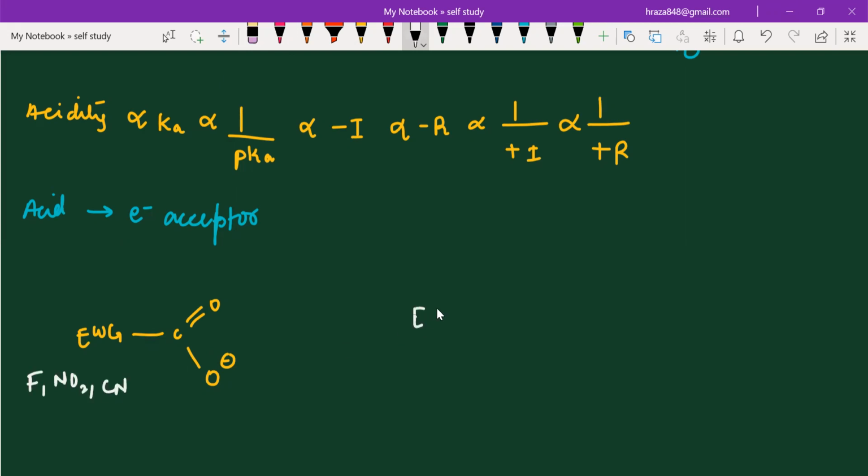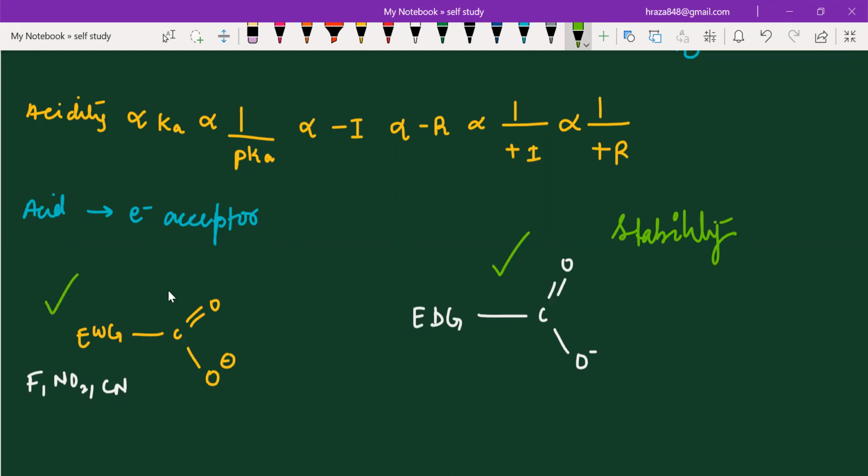And if you have an electron donating group connected to this carboxylate anion, can you tell me which one is more stable? Stability, we are dealing with stability here. Can you tell me which one is more stable? The one with the withdrawing group.